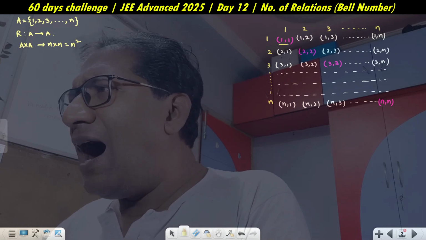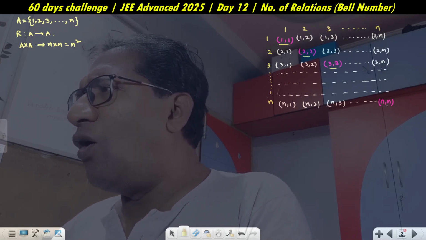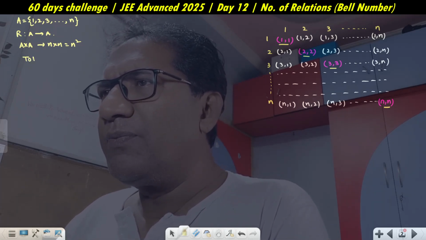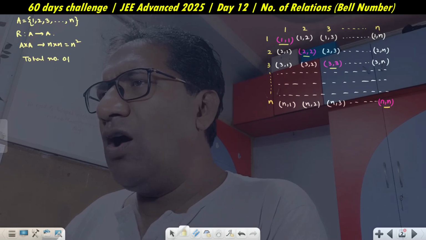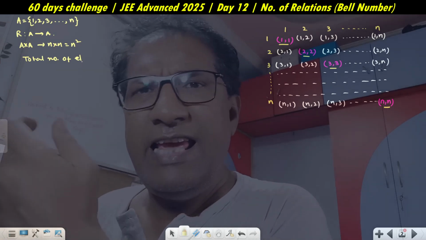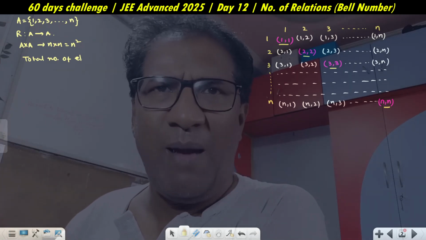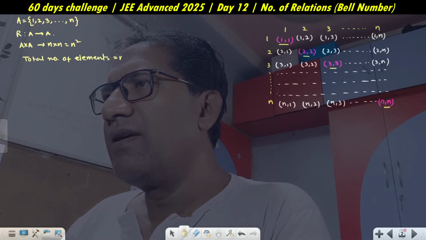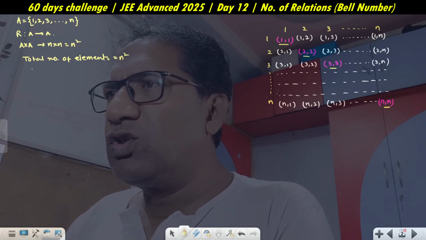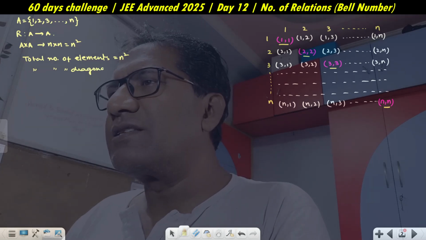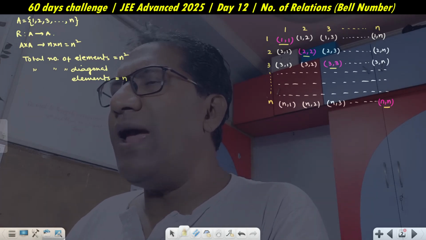Now, these are all your diagonal ordered pairs. Okay? So first thing, take each and every ordered pair as an element of this matrix. So the total number of elements in the matrix is n squared, and the total number of diagonal elements is equal to n.